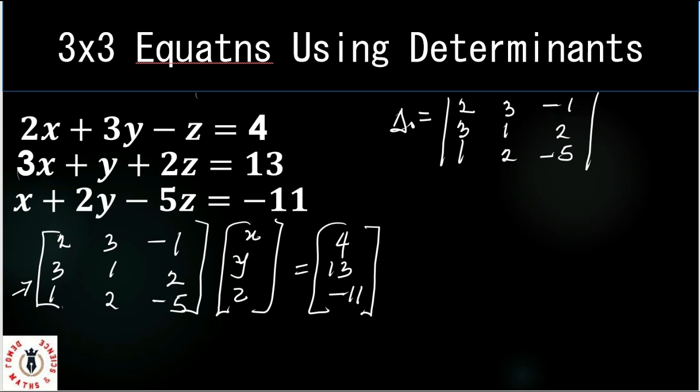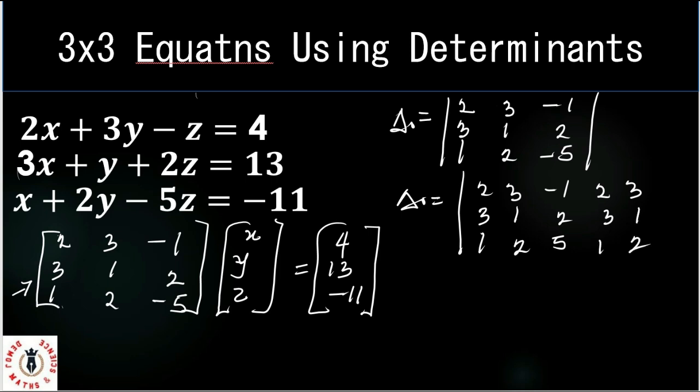Now, to use the shortcut method, I'll repeat the first and the second column. That will be 2, 3, 3, 1, 1, 2.